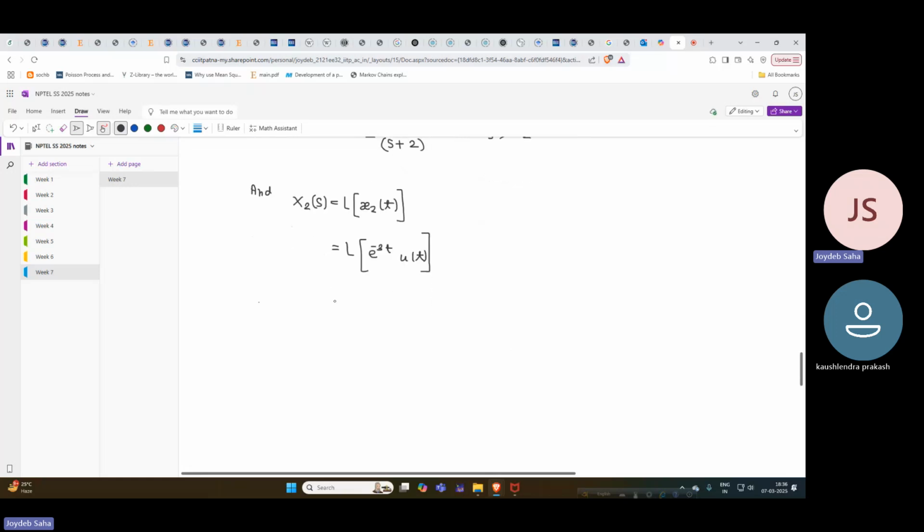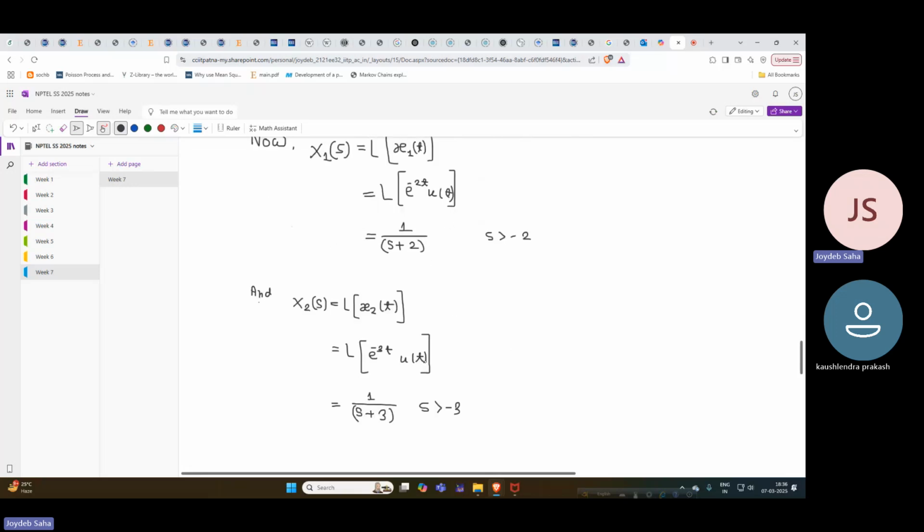So its Laplace transform will be 1 upon s plus 3 for s greater than minus 3.